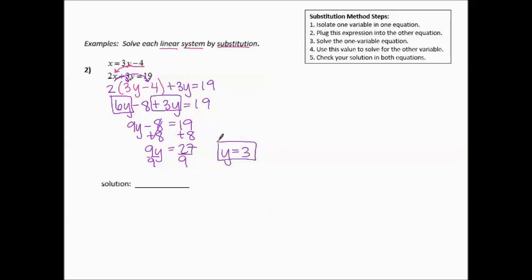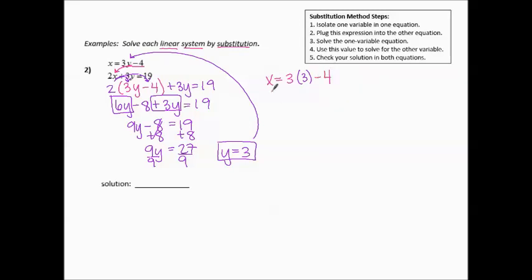Now again, once I have my y coordinate, once I have one of my numbers, I need to find the other one, because remember, we're looking for an ordered pair. I'm always going to come back up here, and I'm going to write x equals 3 times, instead of my y, I'm going to put the number 3, because that's what I got here.